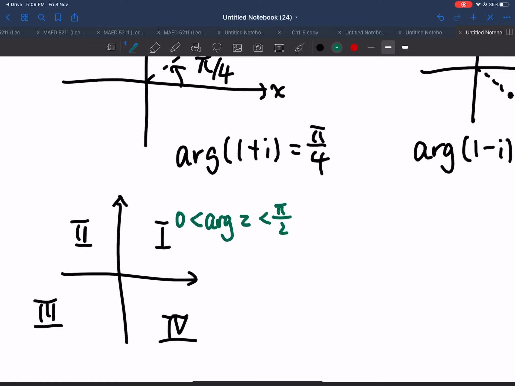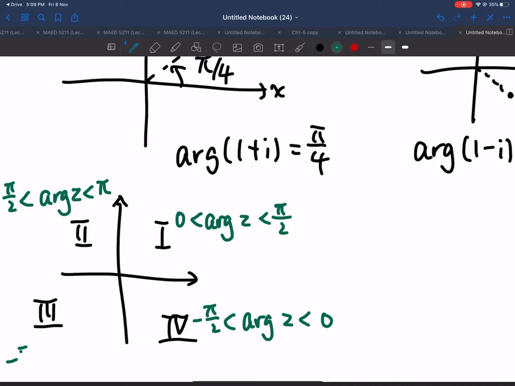If there's something related to sine, pi over 2.